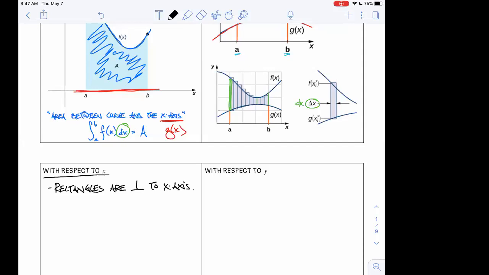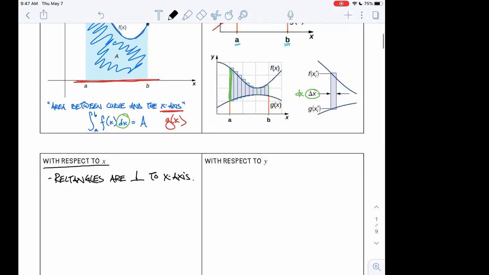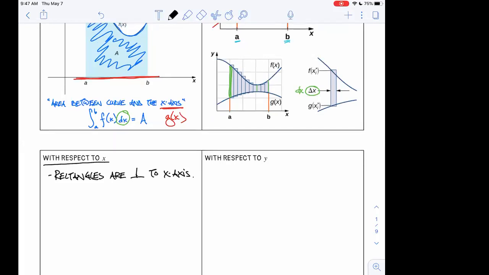So the rectangles are perpendicular to the x-axis. The formula we're going to use when we see this kind of situation is, in order to find the area, we're going to take the integral from a to b of the top curve minus the bottom curve.